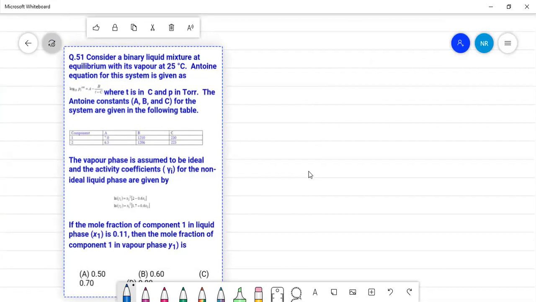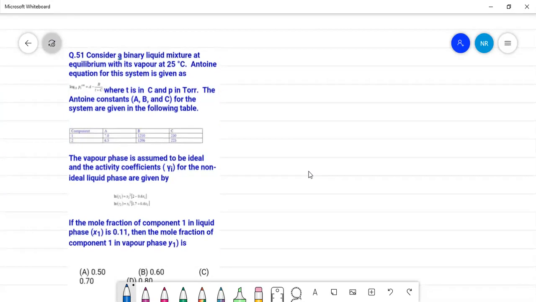The example is saying, consider a binary liquid mixture at equilibrium with its vapor at 25 degrees Celsius.